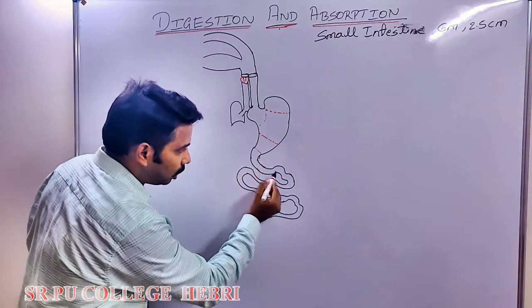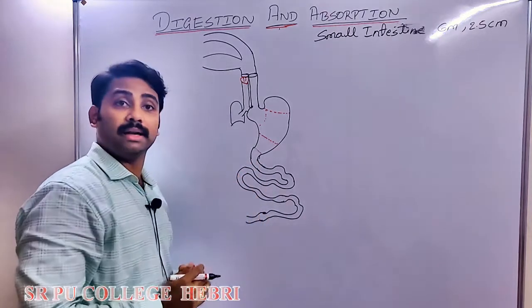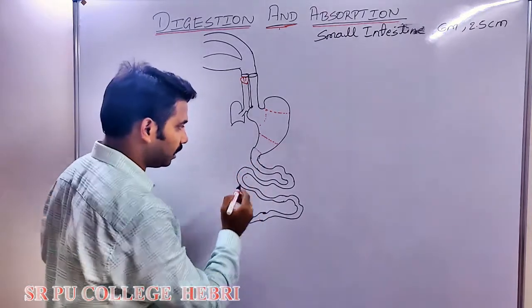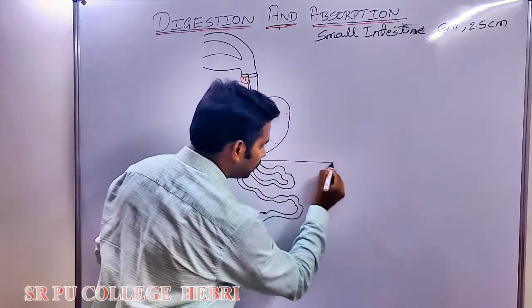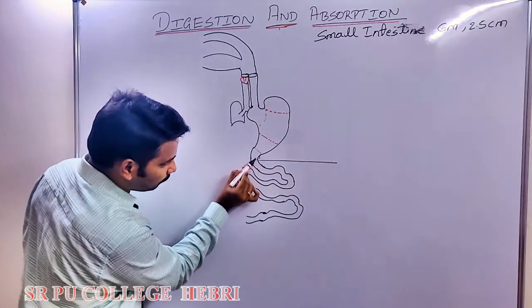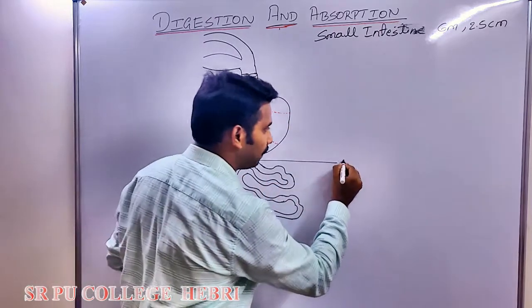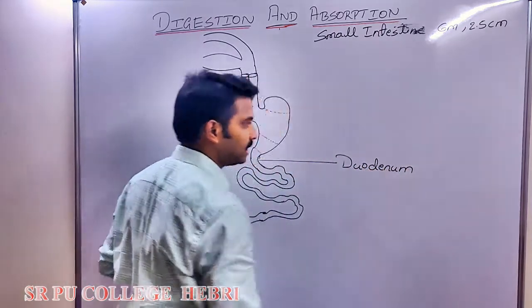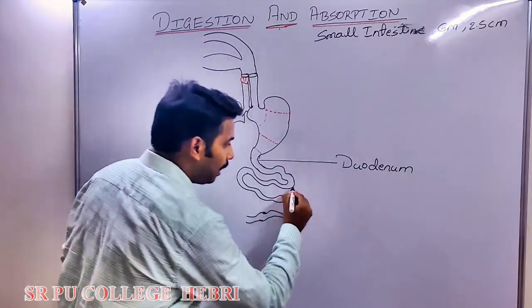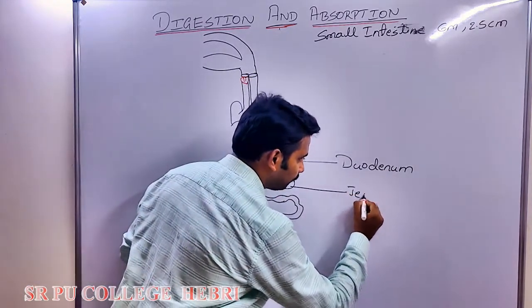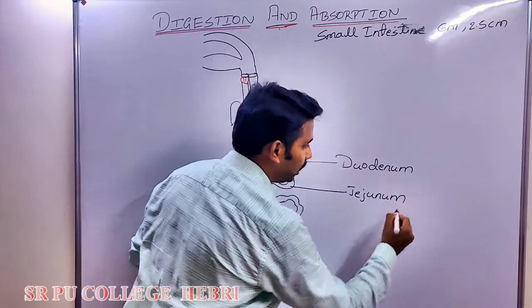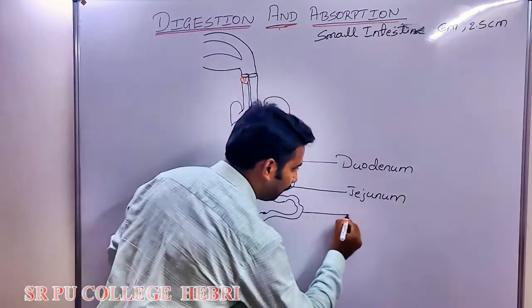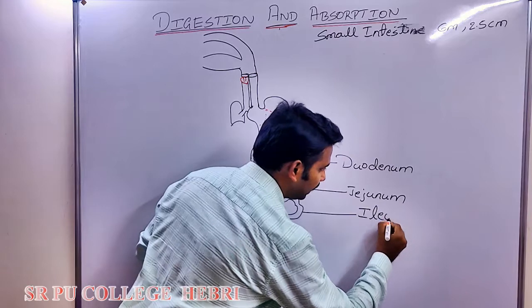This 6 meter long small intestine can be divided into 3 regions. The initial C-shaped part is called duodenum. The middle part is called jejunum. And the terminal part is called ileum.